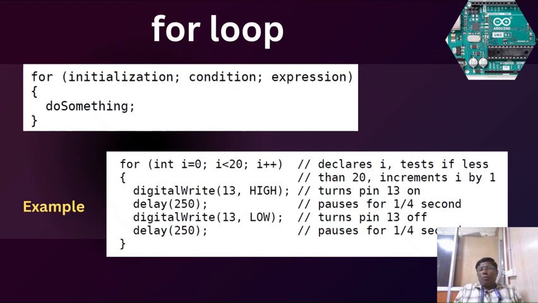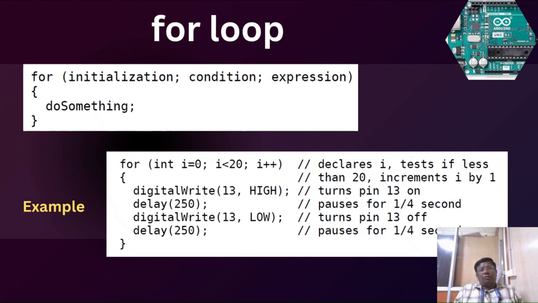And the for loop. For loop has initialization, condition, expression. The general format is you have some initialization, a condition, then an expression, and do some activity. Here i is initialized to 0 and the condition is i less than 20.